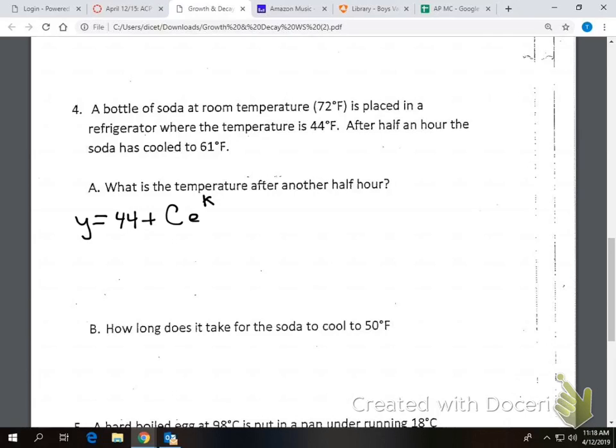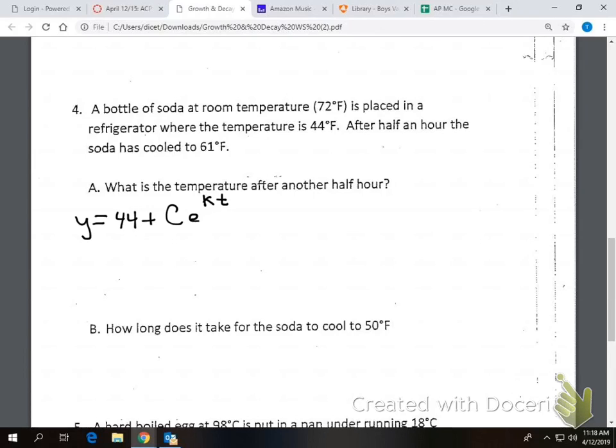I like to use k; k is r, so if you want to use r, that's fine. I just like to use k with Newton's law of cooling. There's a lot of background information on how this was derived, and if you look in your textbook, it shows you how they came about that formula.